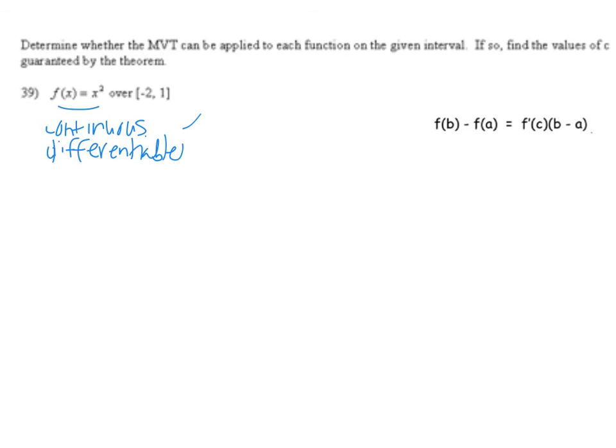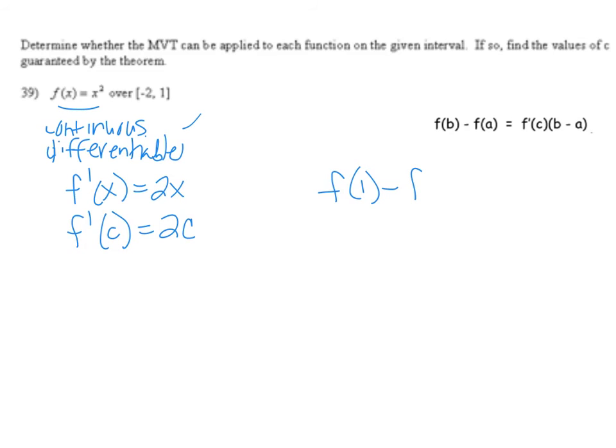Okay? So let's take the derivative. So f prime of x is equal to 2x. F prime of c is equal to 2c. And that's going to be equal to f of 1 minus f of negative 2 over 1 minus negative 2. F of 1 is 1.